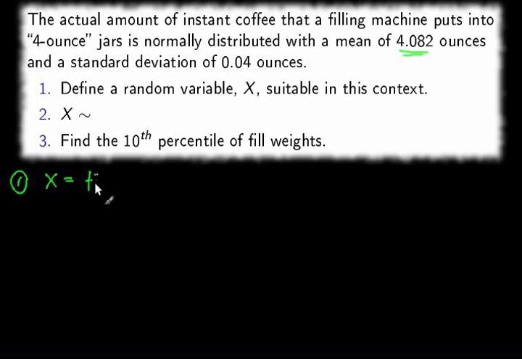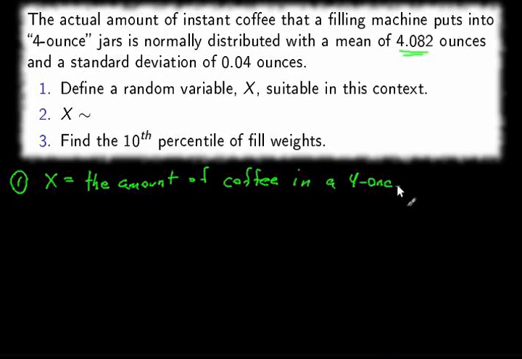So x is the amount of coffee in a 4-ounce jar, in ounces.